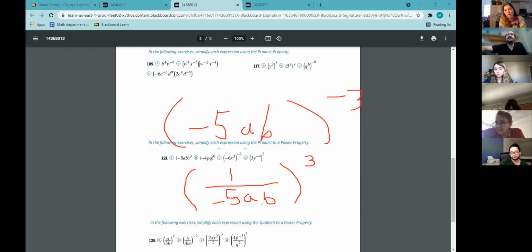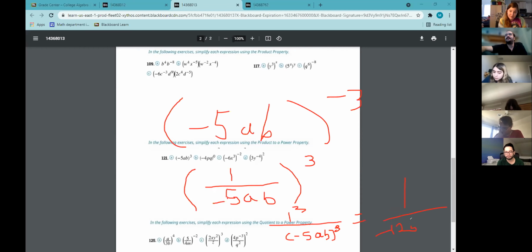And I think I have the same thing, except this is 1 over, and now I'm doing this thing to the positive 3rd. I think it's the same problem we had in the previous one, except it's basically 1 over -125, a to the 3rd, b to the 3rd.